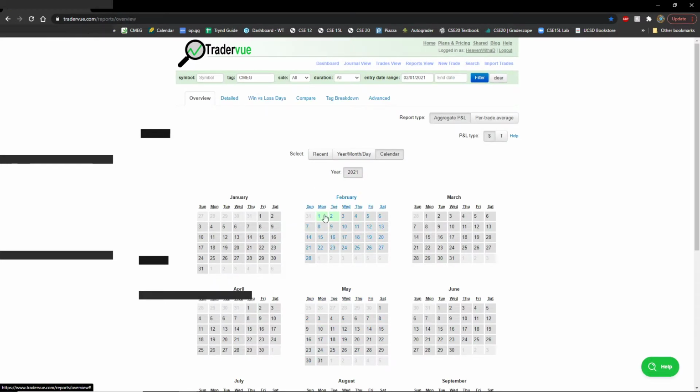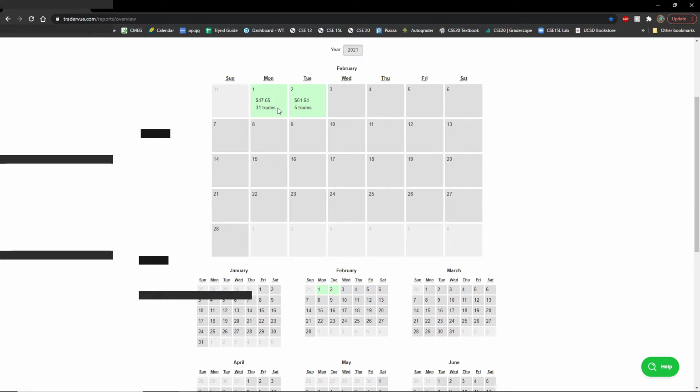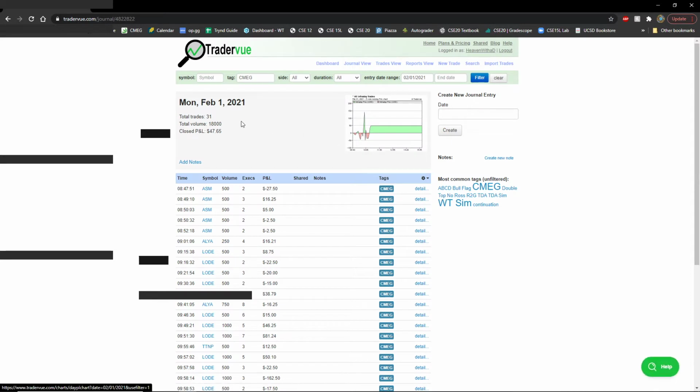However, we overtraded, 31 trades. We're $47 positive before commissions, but because we overtraded, we ended up spending so much in commissions that we're actually down 70 on day one.